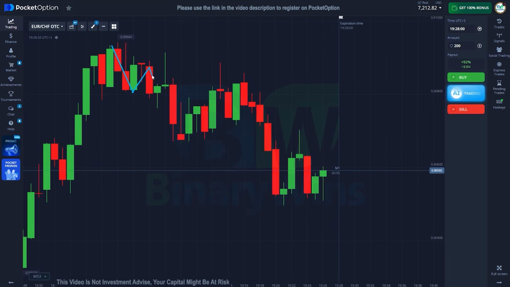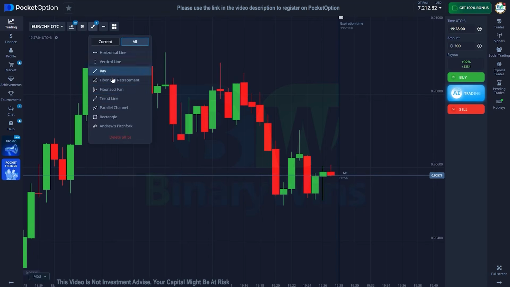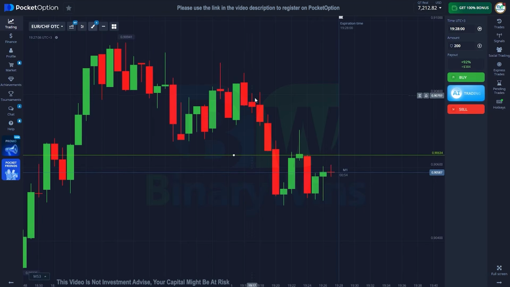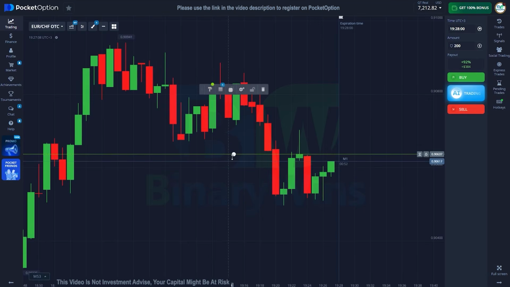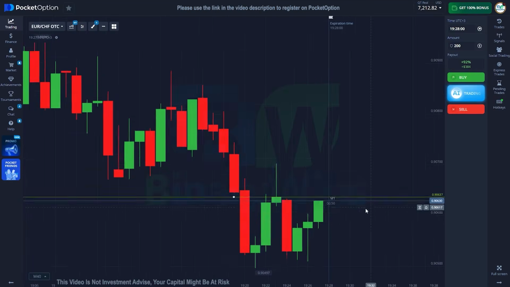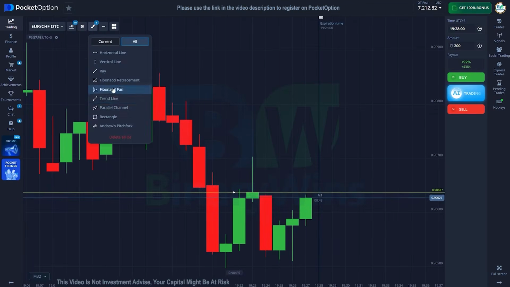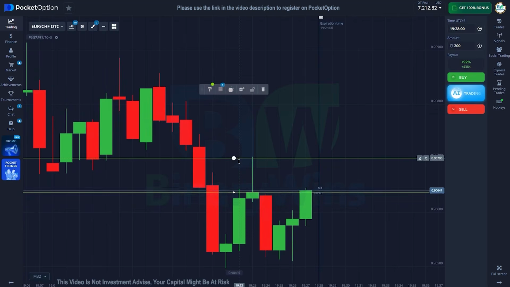If you look closely, our trend is a downtrend. So, if the candles reach this level, there is a possibility of a fake breakout of the level.